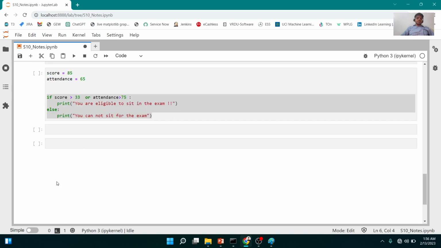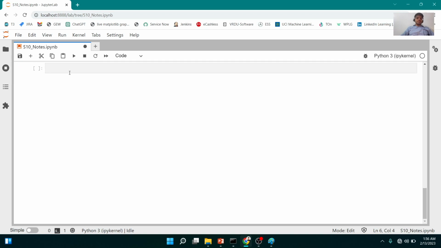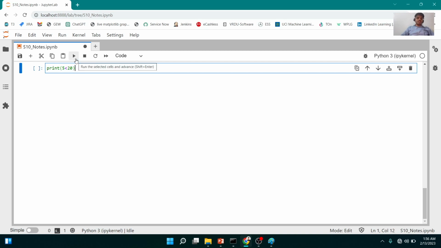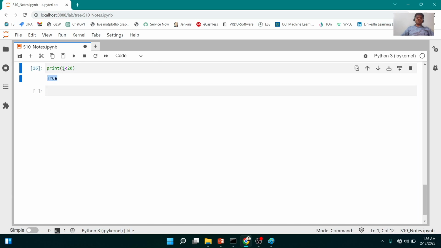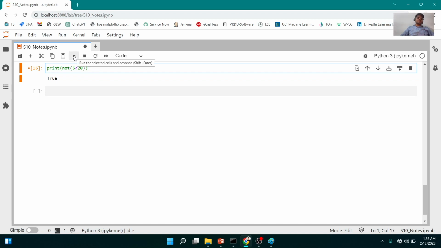So for example, if I'm trying to compare here, print 5 less than 20 is true, obviously, right? So it says true. But if I push it into not, that means I am reversing the condition. So whatever the result will be, it shall be inverted, or made opposite. So if it's true, it's going to become false.